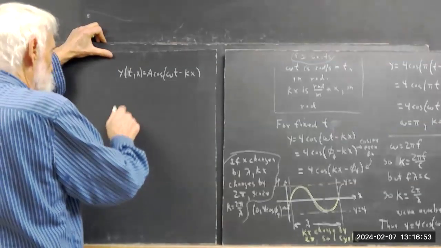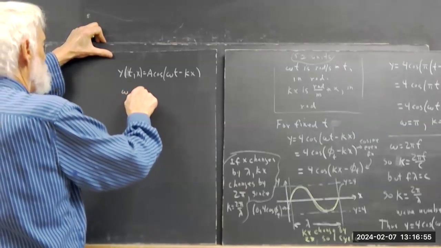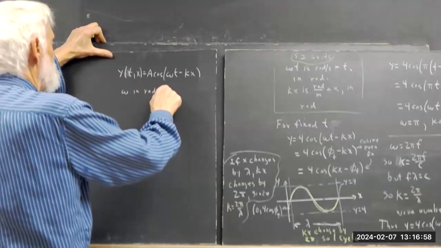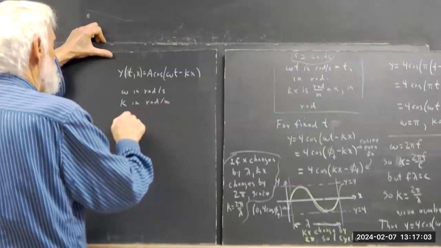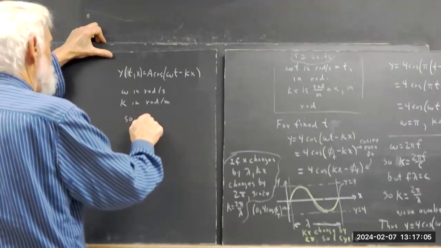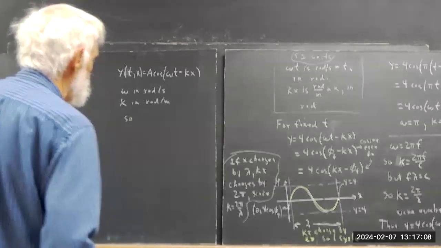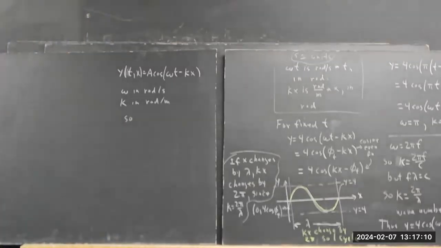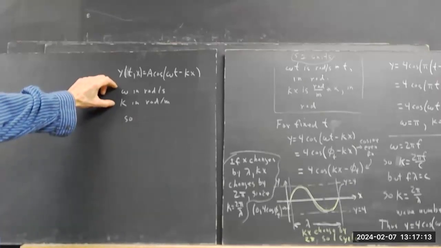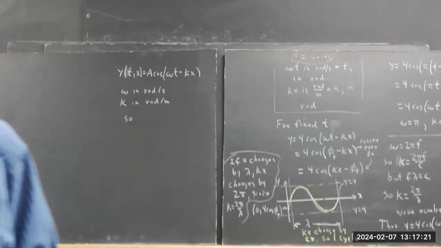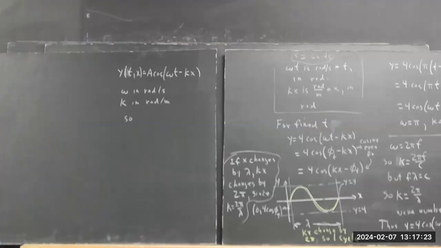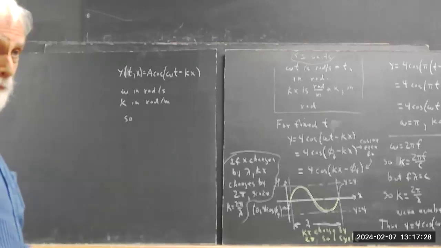But you can also think about the units. What would you get if you multiplied omega by k? What units would you get? Well, you get radians squared per second meter, wouldn't you?